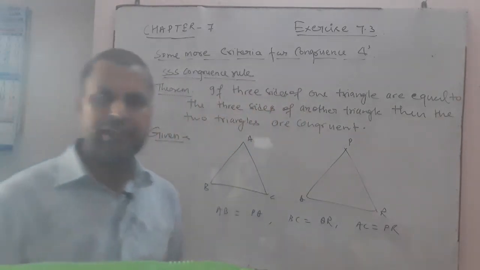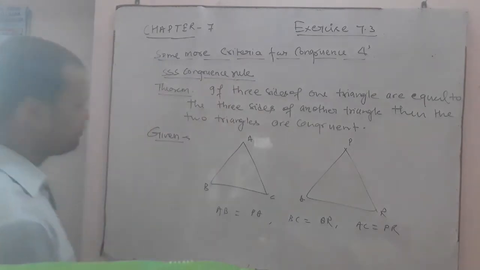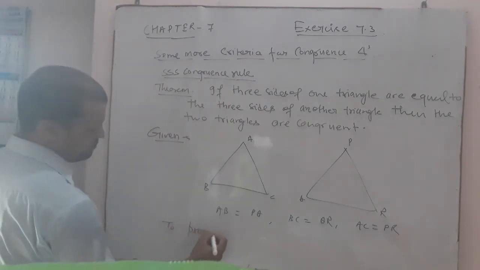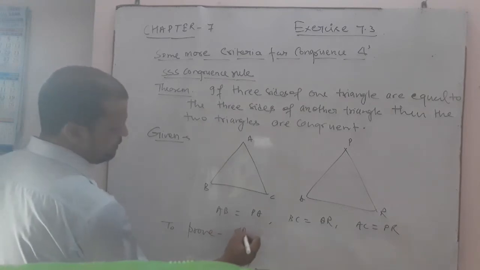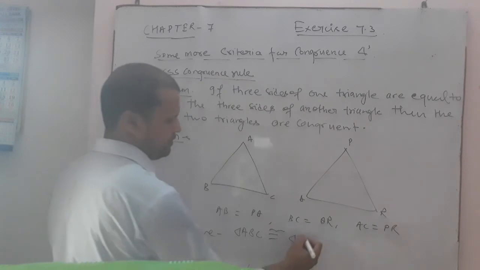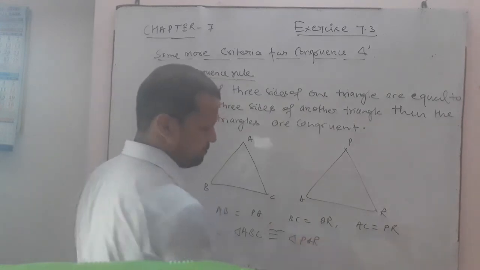We need to prove that triangle ABC is congruent to triangle PQR.